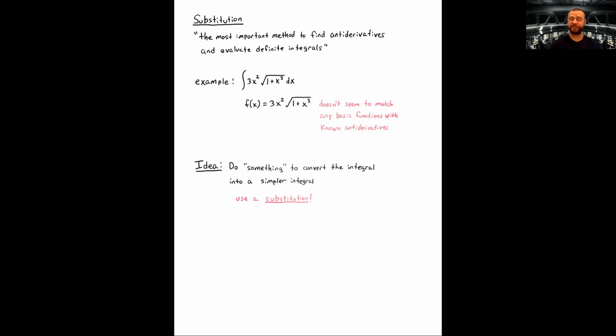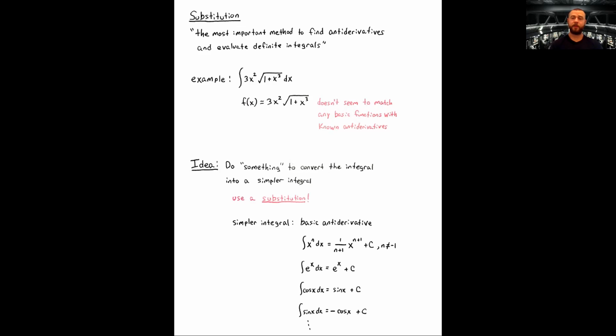Now, what do we mean by simpler integral here? A simpler integral would be one of these functions that has a basic antiderivative, which you would have learned towards the end of your Calc 1 course. So at the top of that list, we have the basic power rule for antiderivatives. Add 1 to the exponent, divide by the new power. The power rule here doesn't apply when the power or exponent is -1.